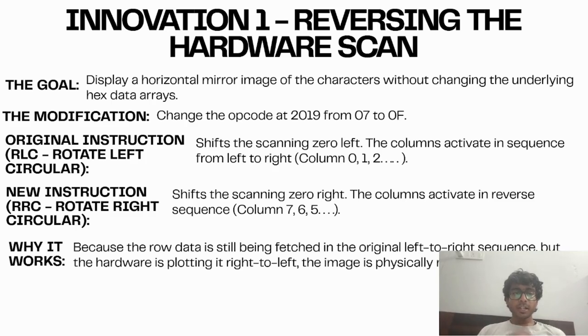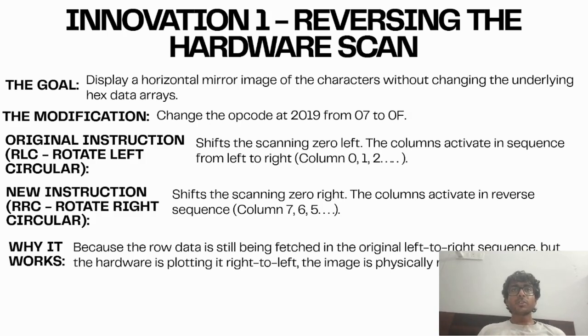But the plot that was finally scanned by the hardware was done by the RLC code. So I changed it from RLC to RRC, and the plot was changed from left to right to right to left. In this way, the scanning started from the right to left part, and the mirror images were shown.